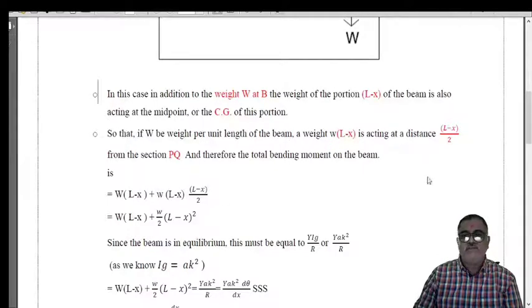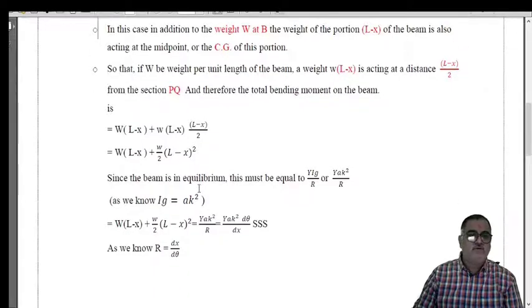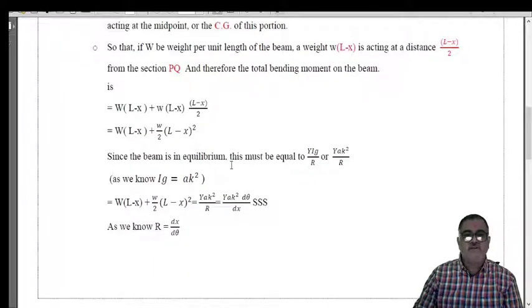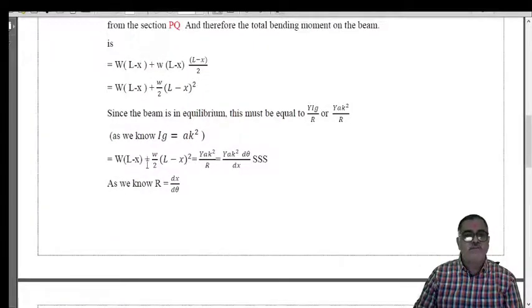Therefore W(L minus x) plus w by 2 times the square of (L minus x). Since the beam is in equilibrium, this must be equal to Y Ig upon R, or Y a k square by R, as from last time we know that Ig equals a k square.